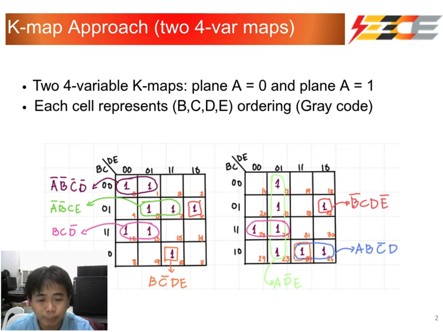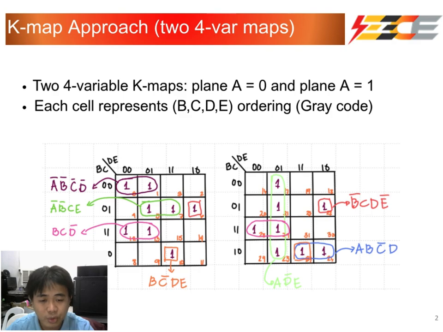The green group covers the minterms 5 and 7 and the adjacent ones and yields not A, not B, C, and E. The magenta group yields B, C, and not D. The orange yields B, not C, D, and E.